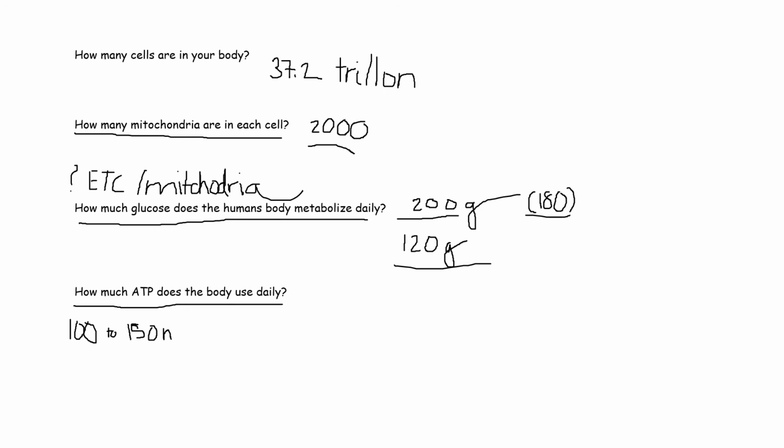I'm working on my desktop today and I don't have a touch screen here. 100 to 150 moles of ATP per day. That translates to 50 to 75 kilograms of ATP.